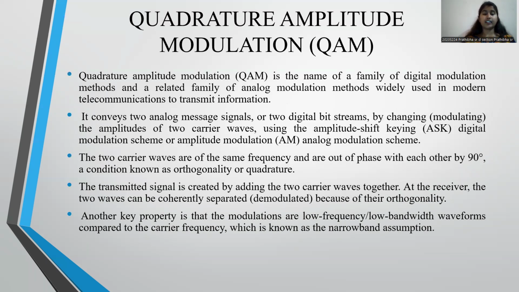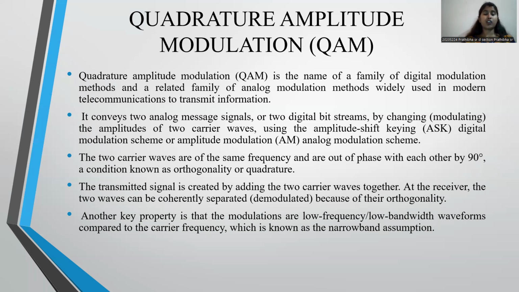The second technique is quadrature amplitude modulation, QAM. It is the name of a family of digital modulation methods and a related family of analog modulation methods widely used in modern telecommunications to transmit information.